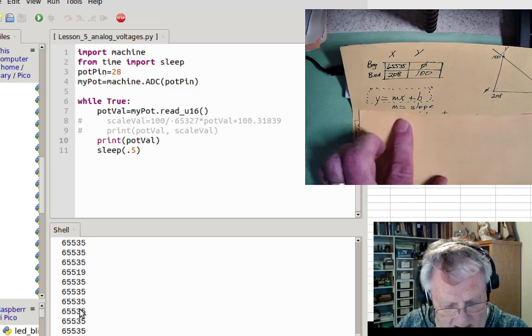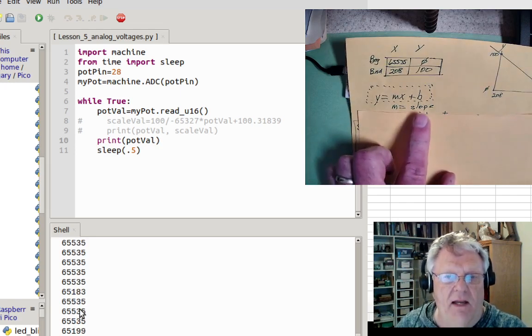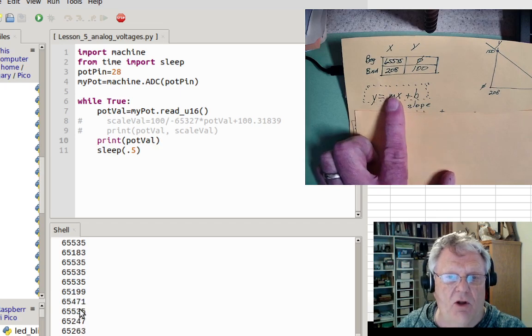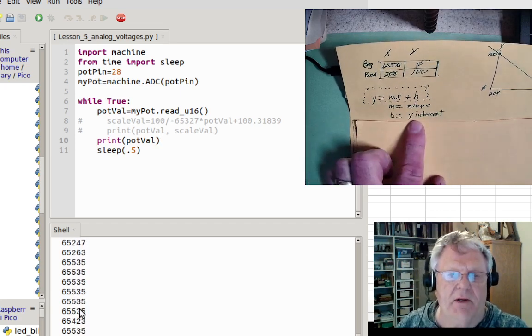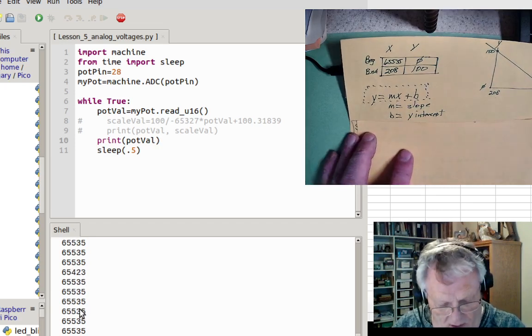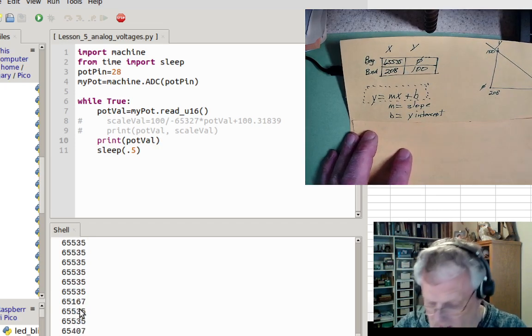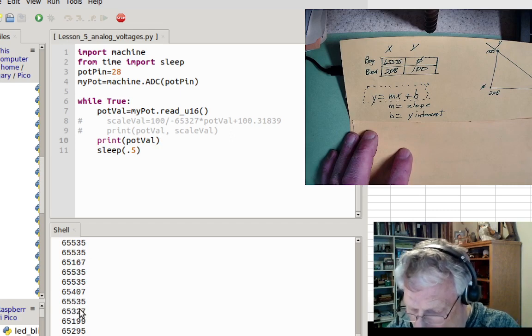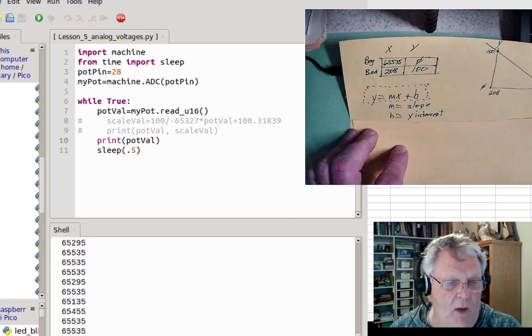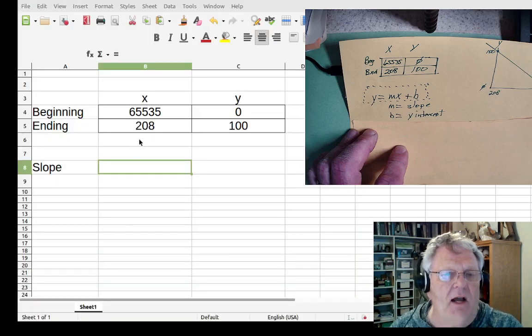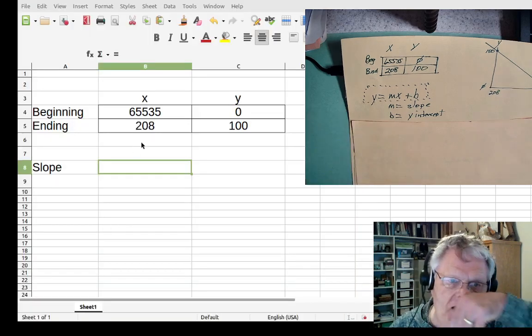Of course, m is defined as the slope, and b is the y-intercept. So now we're going to solve for m and solve for b. And one way to do that is to come over here to a spreadsheet file.